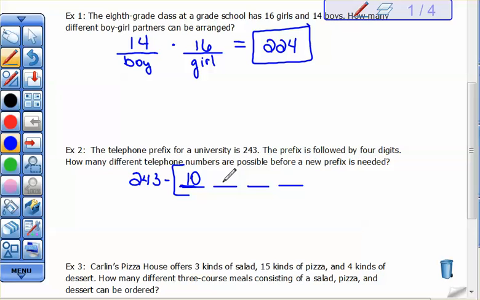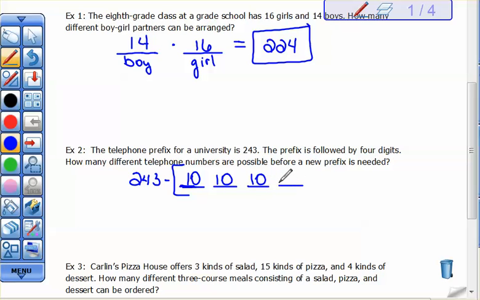Now the second digit. How many different possibilities could we have for this digit? Well, again, it could be 0 through 9. We could literally have a telephone number that was 0000, couldn't we? So there would be 10 digits that we could use, 0 through 9, for the second blank. For the third blank, again, there would be 10 digits.